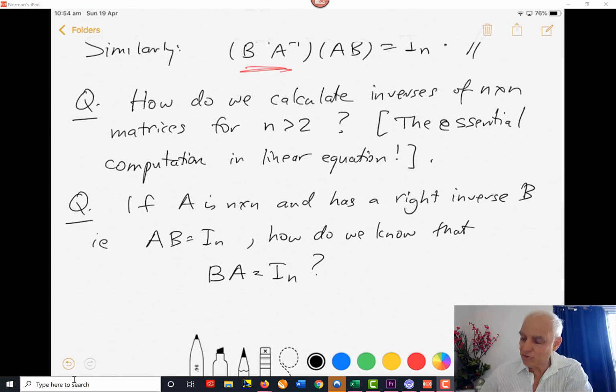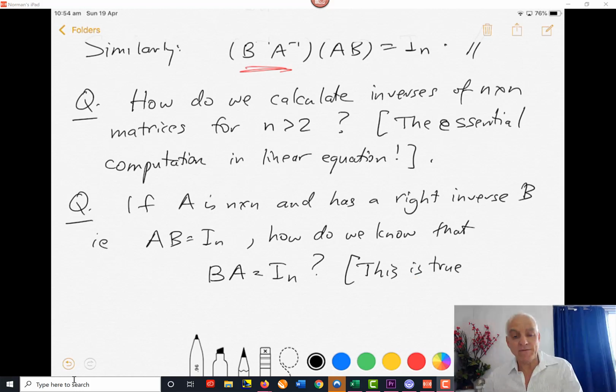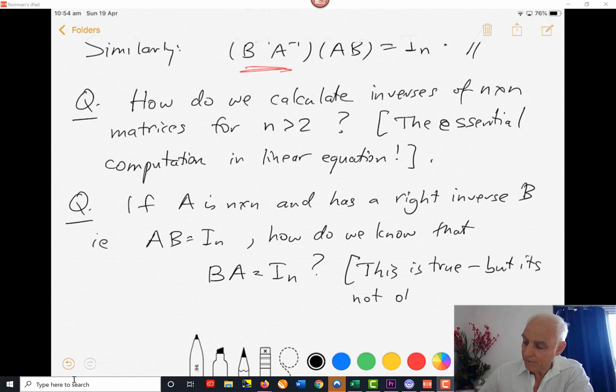Is that true? It is true. If we know that it has a right inverse, then it also has a left inverse, and conversely. This is true, but it's not at all obvious. It's quite a subtle question.